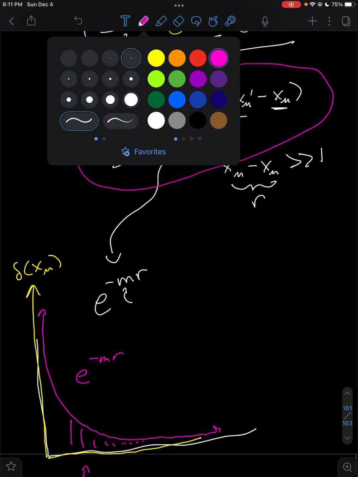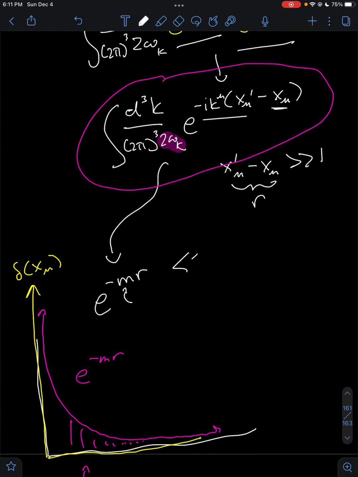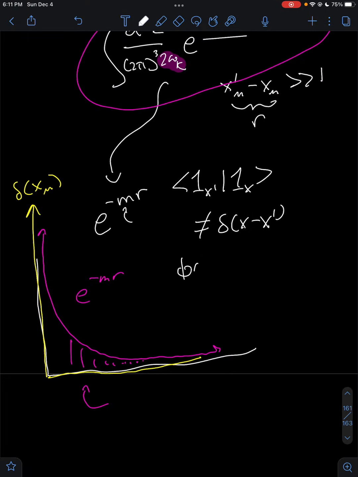Or in other words, the inner product of the state at x prime with the state at x isn't a delta function, which means that the result of our field acting on our vacuum state does not give us a true position eigenstate. It only gives us an approximate position eigenstate.